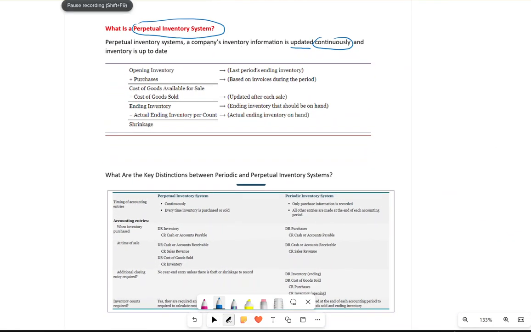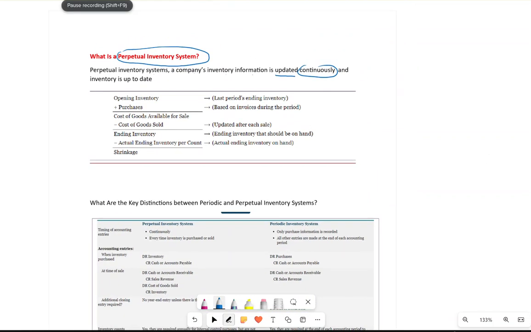If you look at it, everything is exactly the same way we did it under the periodic inventory system: we have opening inventory, plus purchases, minus your cost of goods sold, which is updated after each sale, and then we have an ending inventory. So that's the ending inventory in your books.